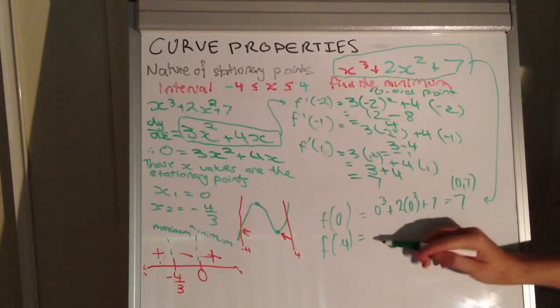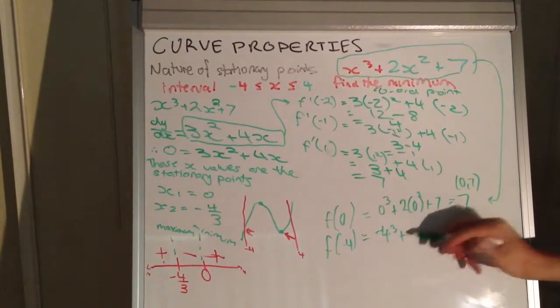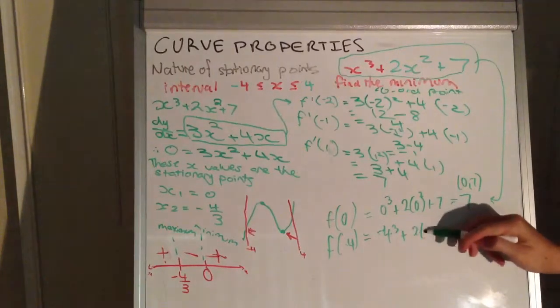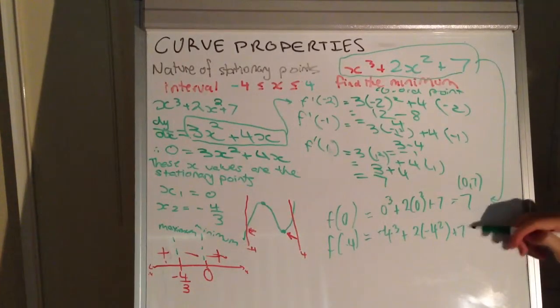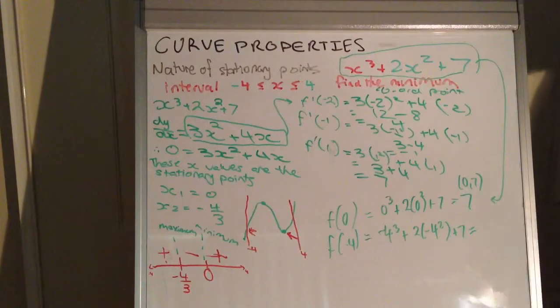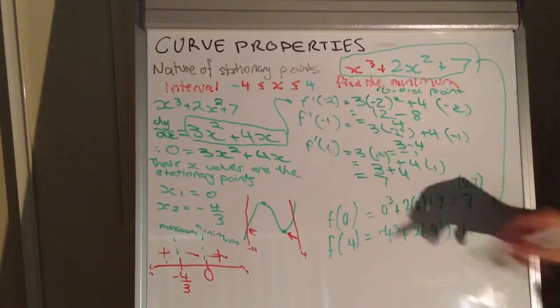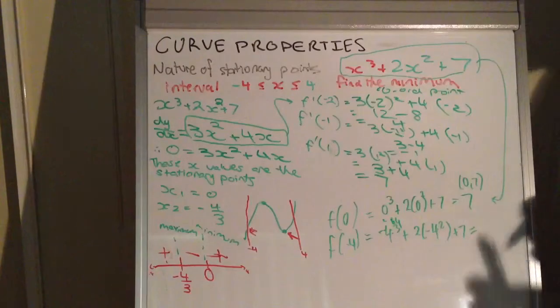Now negative 4 is a little bit trickier. Negative 4 to the power of 3 plus 2 lots of negative 4 squared plus 7 equals... Now negative 4 times negative 4 is positive 16. Positive 16 times negative 4 is going to make negative 64. So that's going to be negative 64 there.